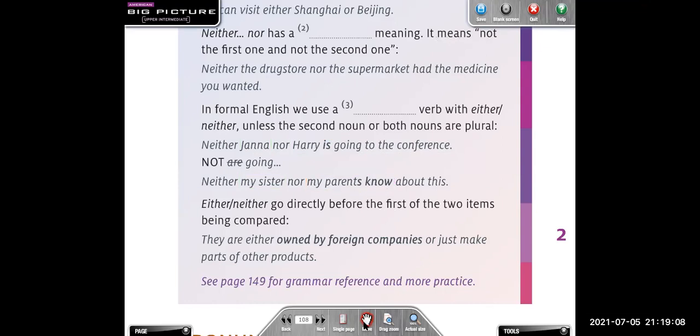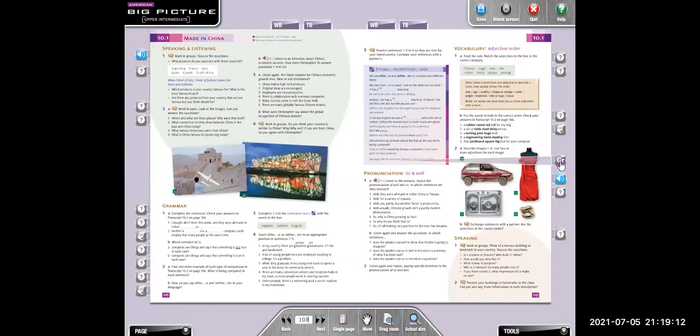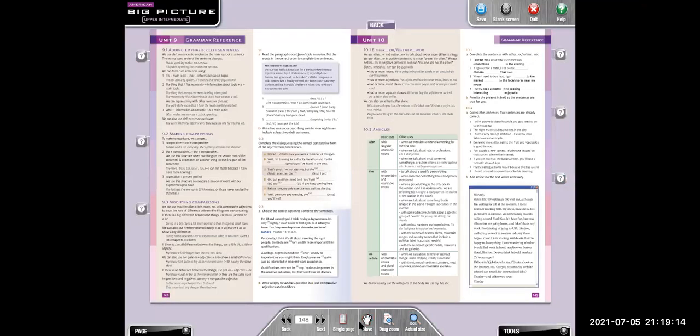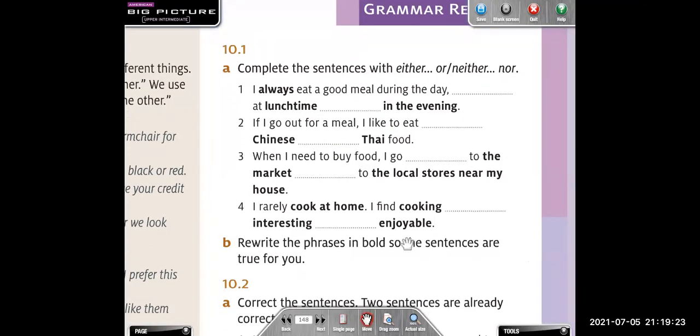Okay, let's practice. Let's go to page 149. So we can practice a little bit. Exercise 10.1, okay? Complete the sentences with either/or, neither/nor. Number 1.